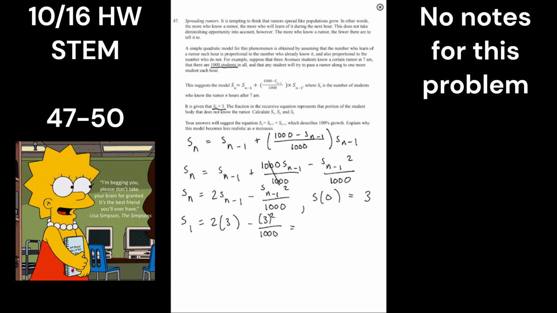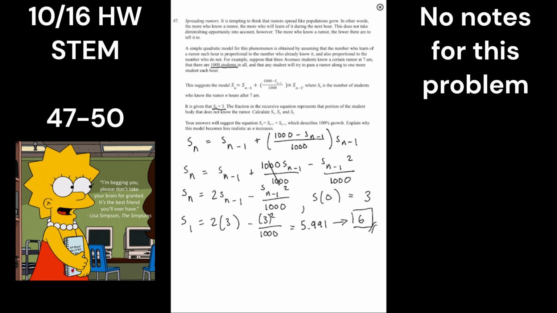And this would equal, I think, 5.991. I used a calculator beforehand when I solved this problem individually. It should be 5.991, which obviously you can't have fractions of a student, so I'm just going to assume that 6 people understand the rumor. So that's for S1.